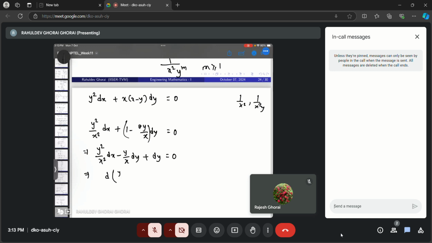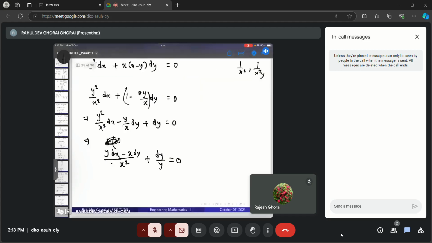Yes, first of all you can take y out and write it like (y dx minus x dy) over x squared plus dy by y is equal to 0.